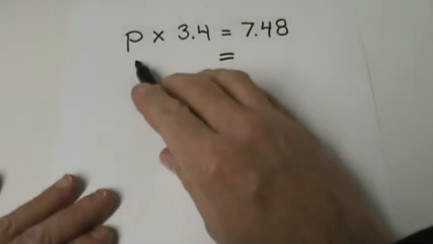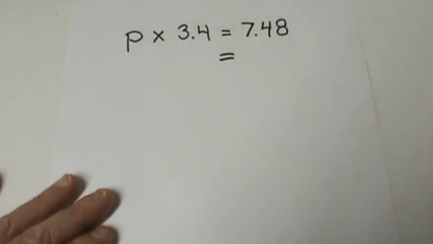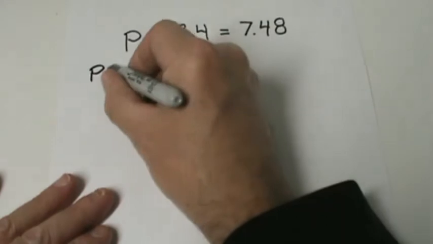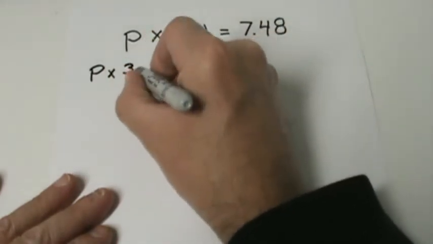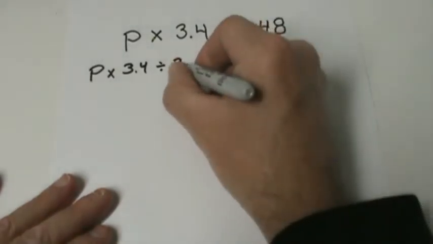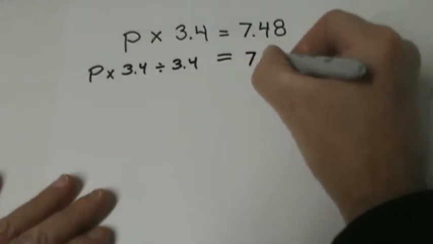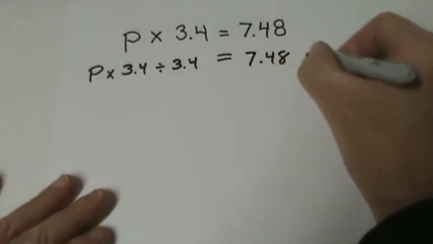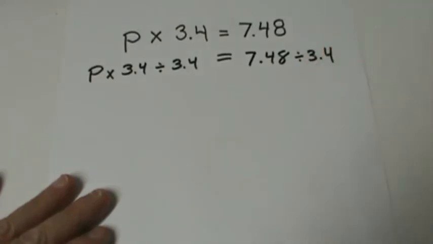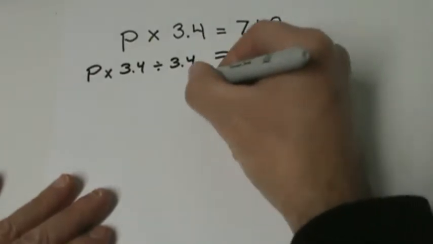So in order to get the variable alone and find its value, we have to do the opposite or inverse operation of P times 3 4/10, which would actually be dividing by 3 4/10. And then on this side, of course, we would have to balance the equation by dividing by the same amount, okay? So we're going to divide on both sides in order to get P by itself.